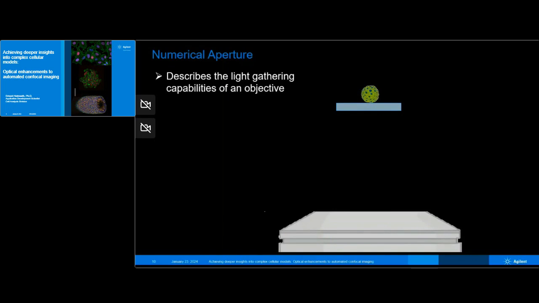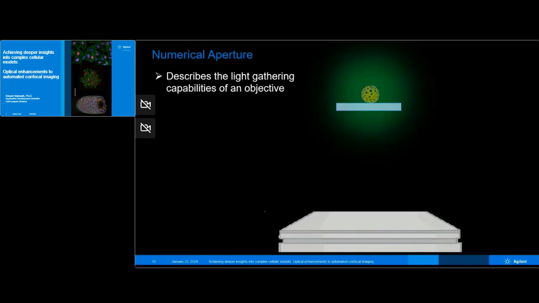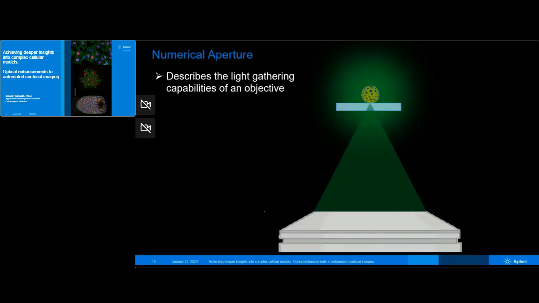The numerical aperture describes the light gathering capabilities of an objective. So if you consider this object right here, this spheroid on a sample, even though you're collecting an image from that sample, the emitted light is actually being emitted in all directions. And you're catching just a fraction of that light that's returning back to your objective.